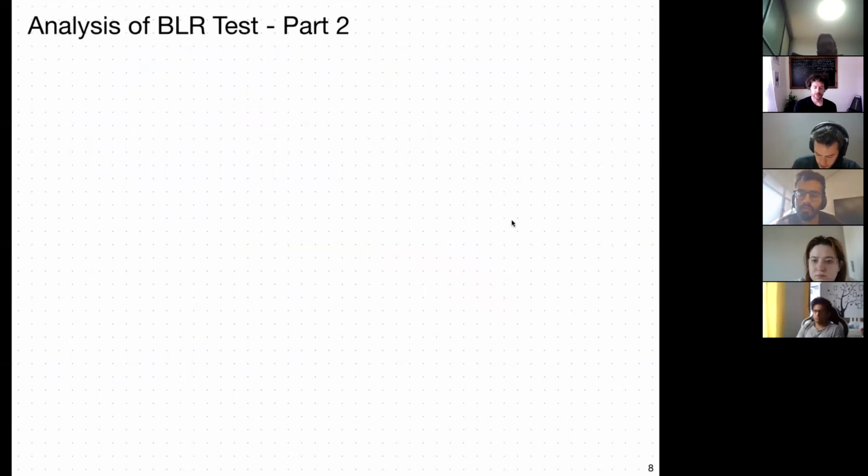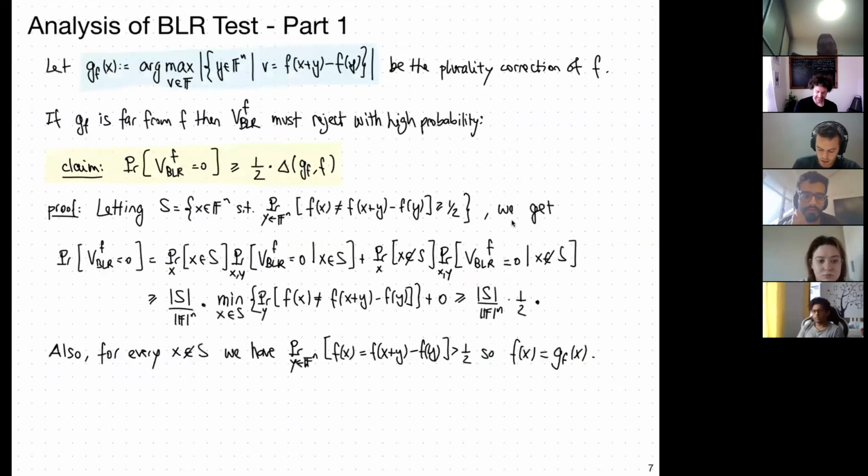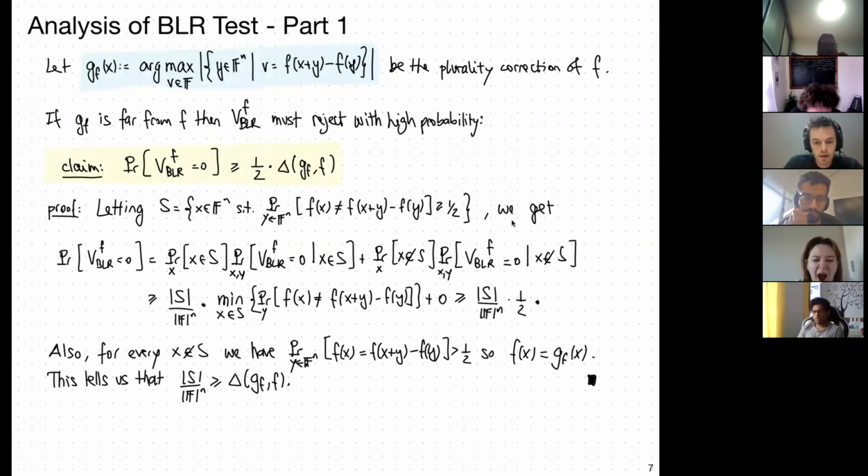Yeah, maybe a stupid one. Why don't we have equality at the end, or do we? The last line. That's a good question. I see your point, but we definitely have a lower bound.